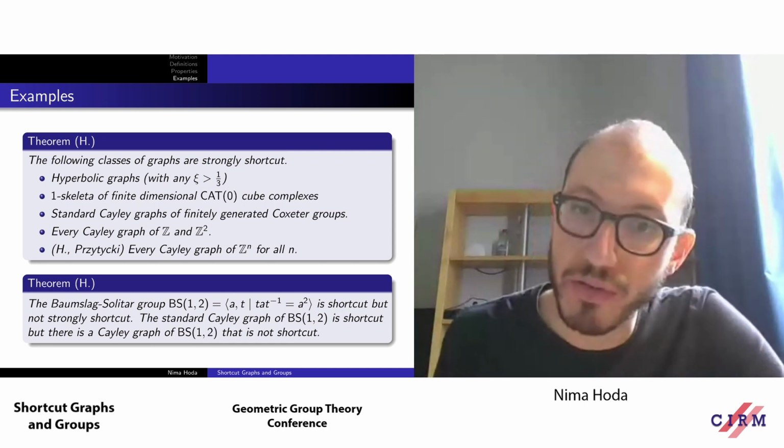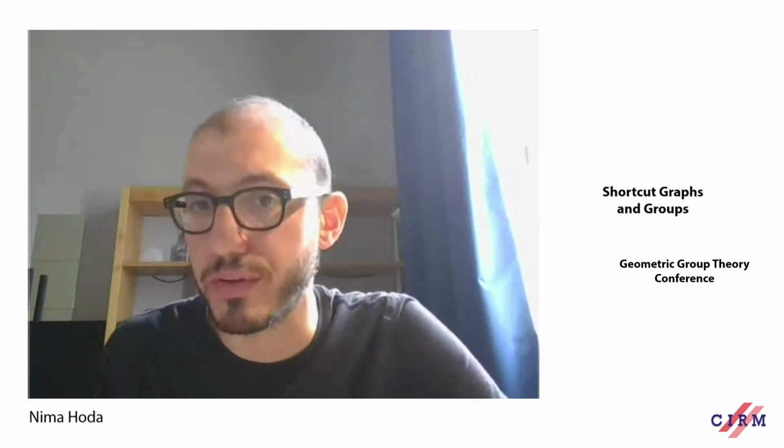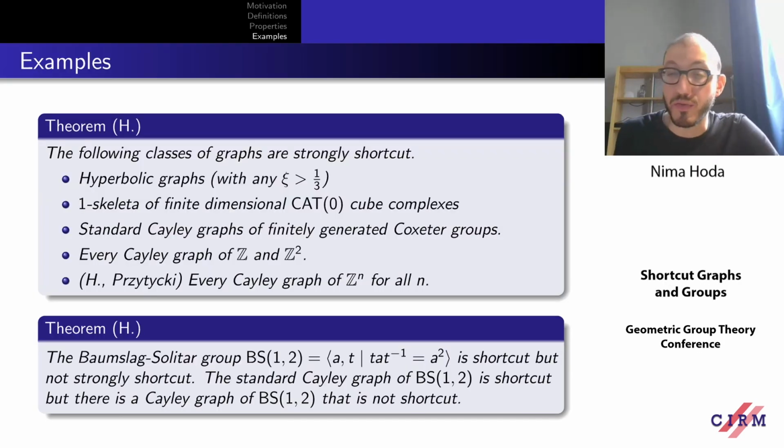Using a different argument, you can show that in fact they're strongly shortcut with psi for any psi greater than 1/3. One way to see that is using the asymptotic cone, which is always a tree for a hyperbolic graph.